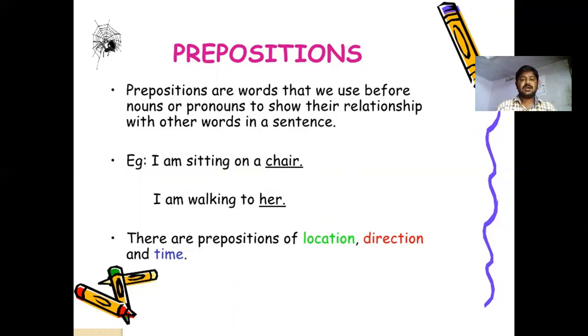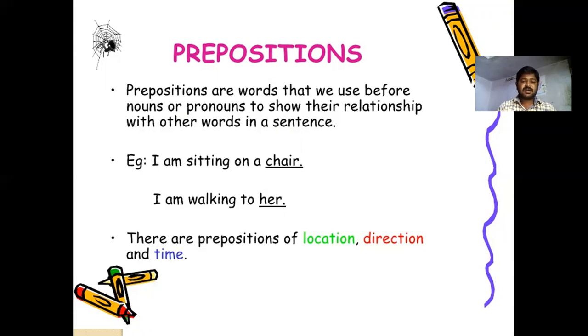On is a preposition here, and there is an interlinking between these two. I am walking to her.